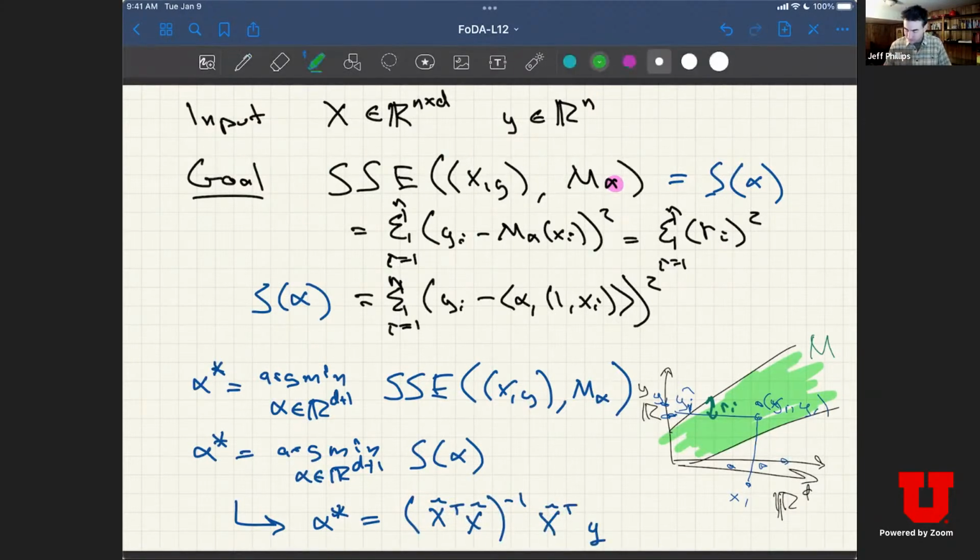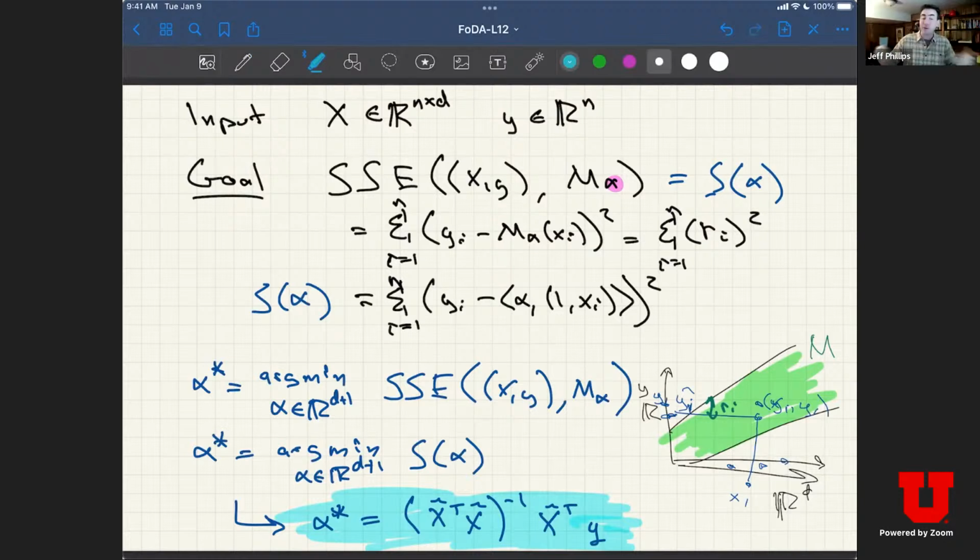This is an important equation. This is something you should try to internalize. This equation for solving for the least squares solution is something you should probably know. If I ask you to write this down on a quiz, or to write it down in Python, you should be able to remember it.